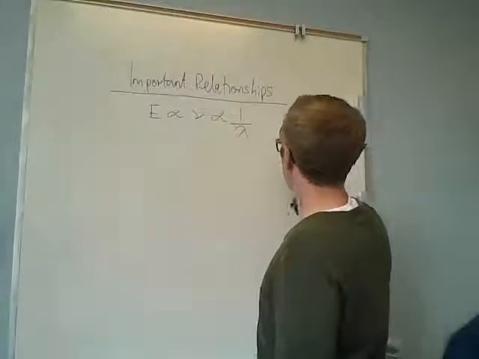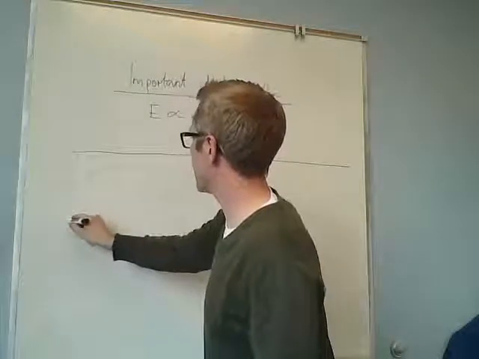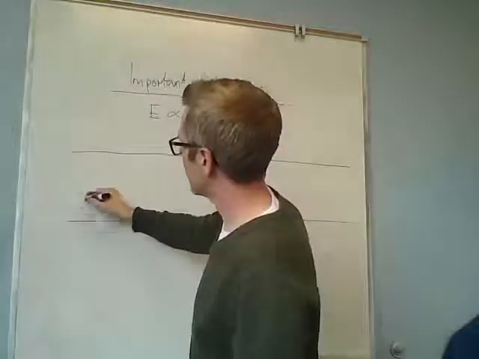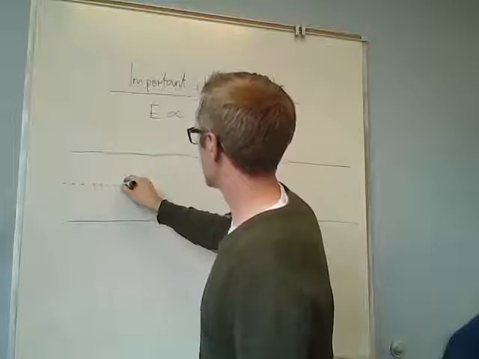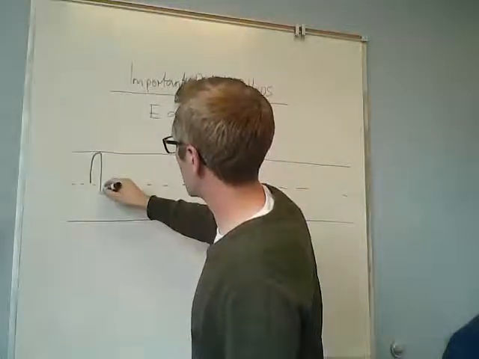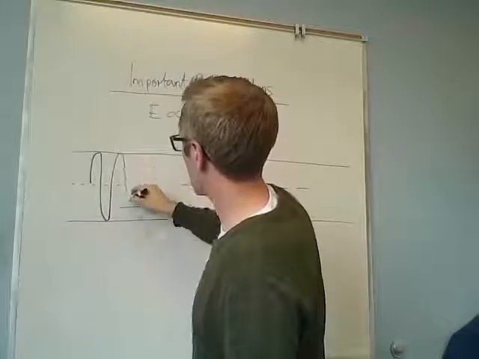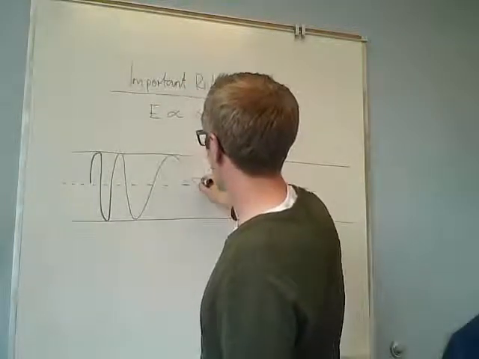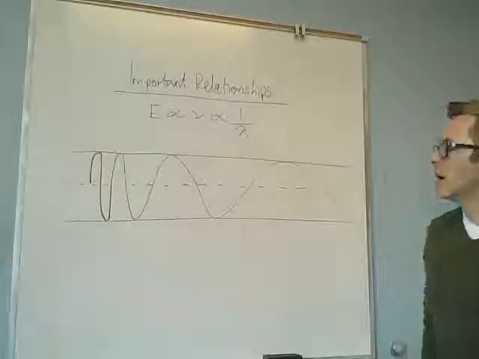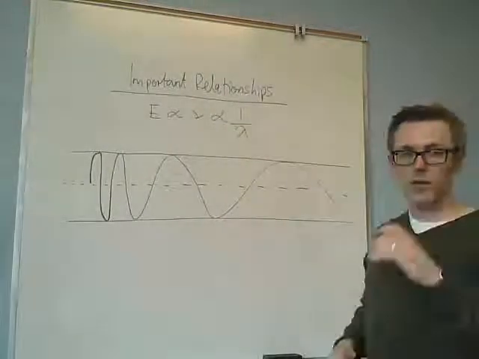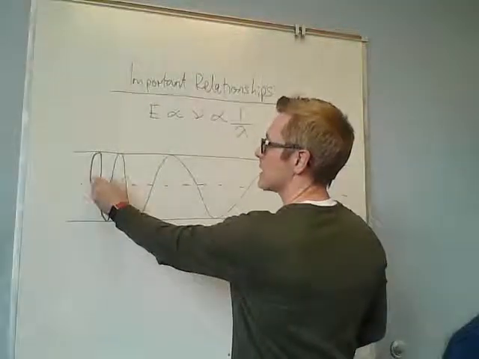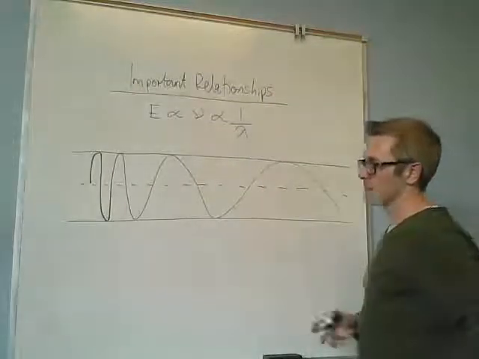Let's bind ourselves within a pipe. A wave can only exist in this pipe. This is the midsection of the pipe. So the height of the wave doesn't change, but it gets compressed here and it expands over here.